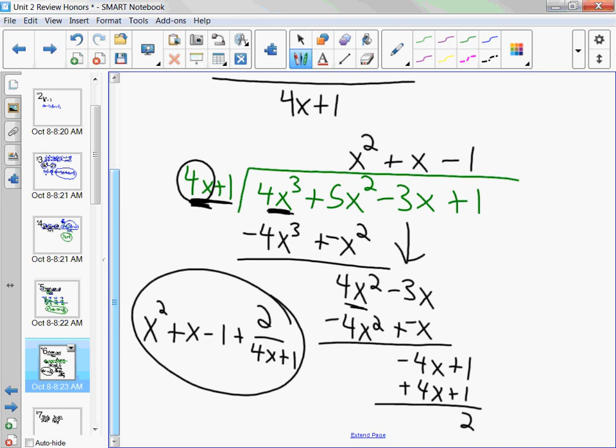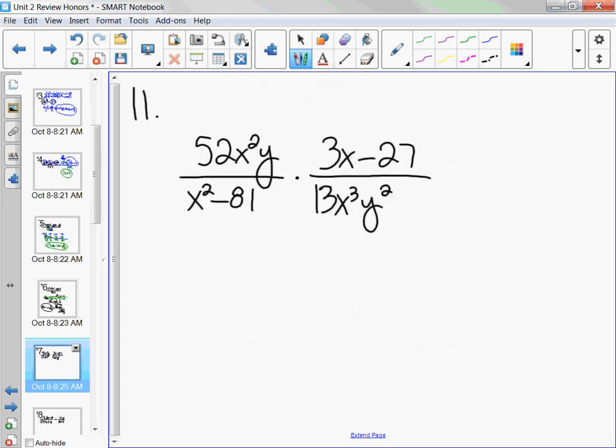Okay, the next problem. Number 11. We want to multiply and simplify. So we can write these factors if we'd like.